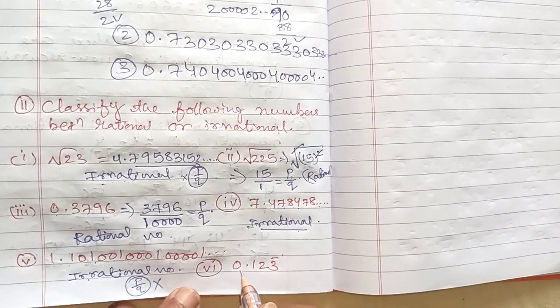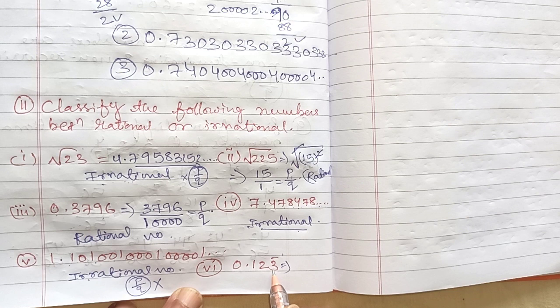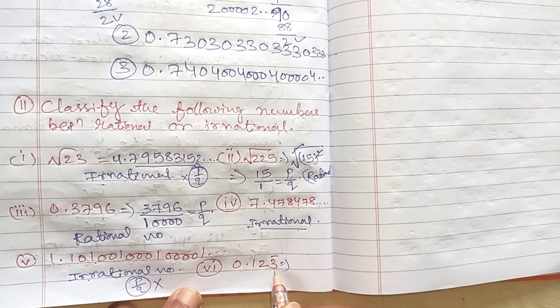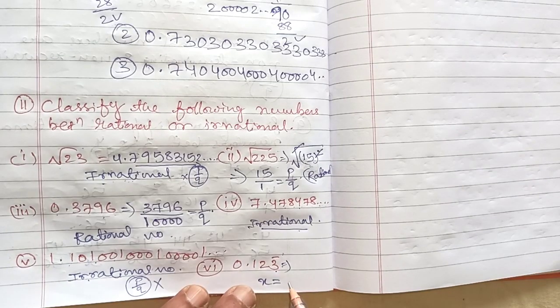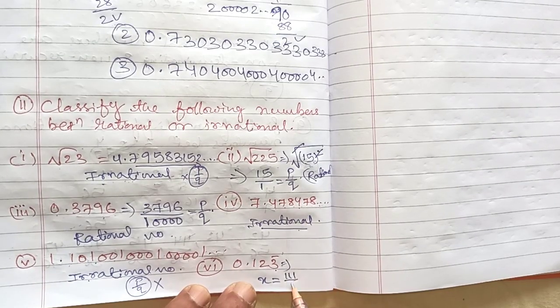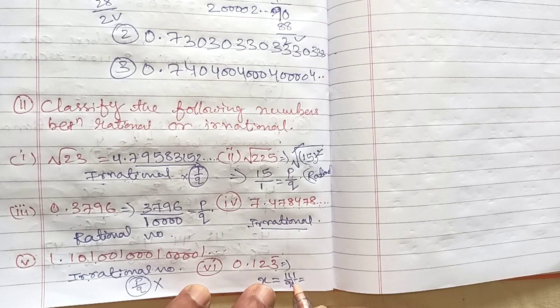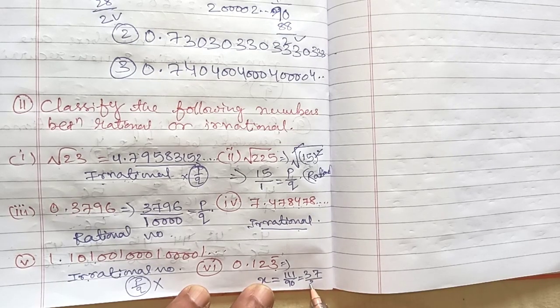Now the last bit. We have already solved this type of number. We take this number as x, and as only one digit, 3, is under the bar, we multiply by 10 on both sides, then by subtracting we get the value of x. The value of x here will be 111 by 90, or if we divide this we get 37 by 30.